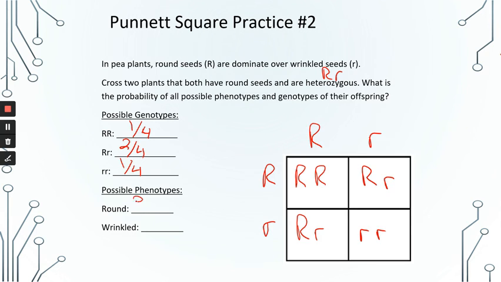So that would be 3 out of 4. And for wrinkled, you need to have 2 recessive alleles. There's only 1 box, which is the bottom right. So there is a 1 out of 4 probability that it is wrinkled.